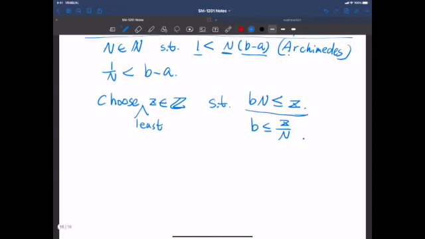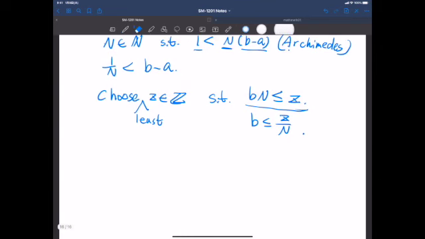Okay, since this z is the least such number, that means z minus 1 is less than bn, right? Because this z is the least integer that satisfies this.